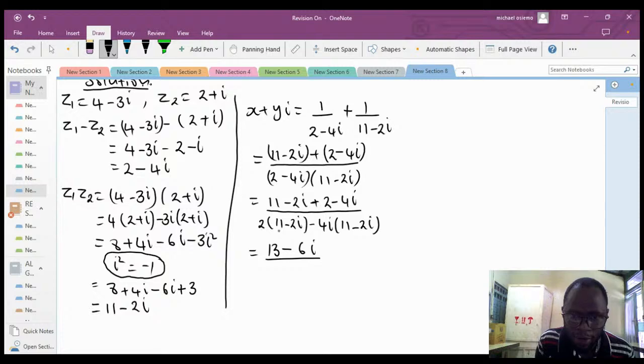Open it up. 2 times 11, you'll get 22. Minus 2 times negative 2i will be plus 4i. Then minus 4i multiplied by 11, so it will become minus 44i. Then minus 4i multiplied by minus 2i, you'll get plus 8i squared.